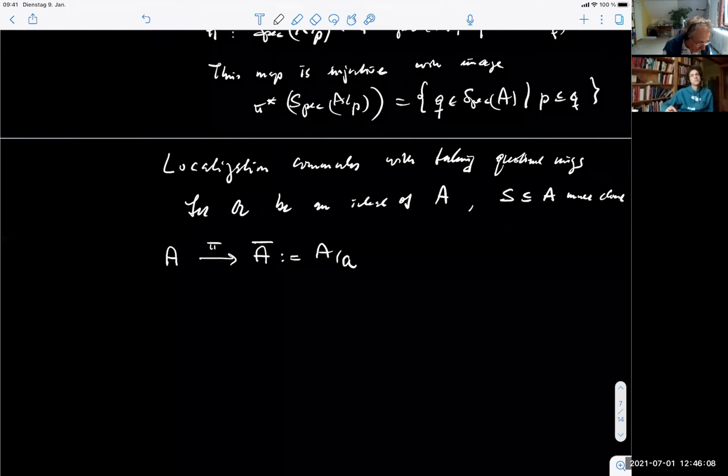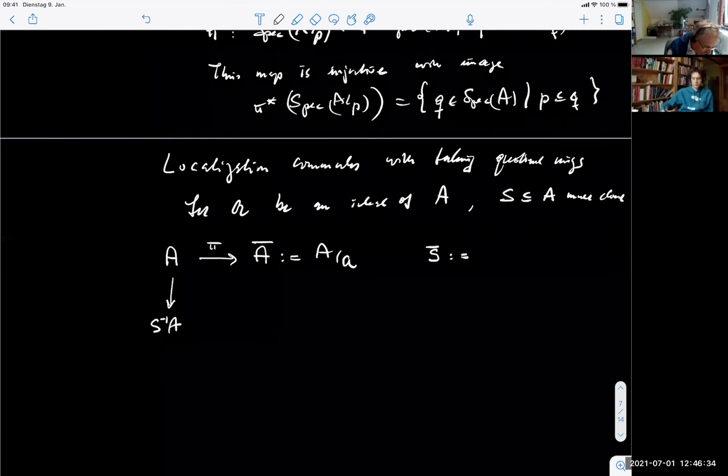Right. I can also, on the other hand, form the localization. It also comes with a map. This is a vertical map. But I could also localize this guy, the A bar. Okay, with respect to what? Well, for the multiplicatively closed set, I just take the image. So let's denote it S bar.